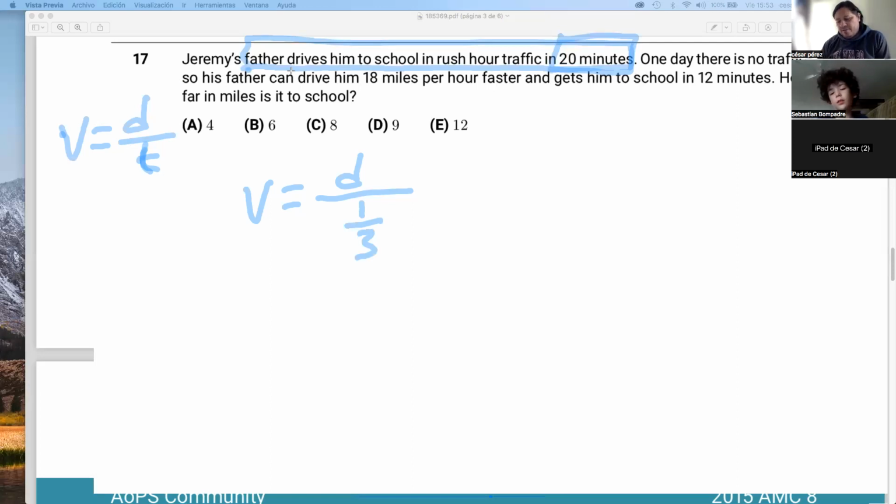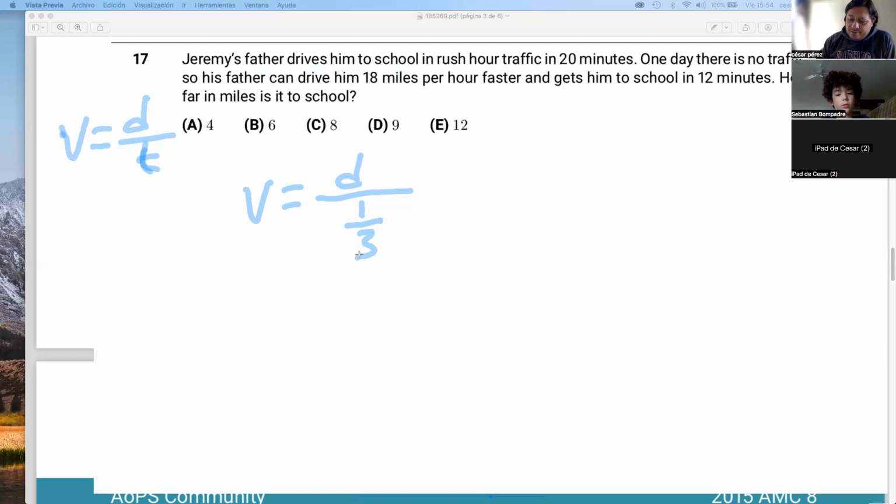Okay. It's better if we use fractions. If we use decimals, we can lose some of the numbers. We will have a different solution, a little different.